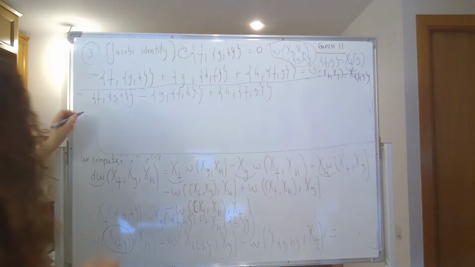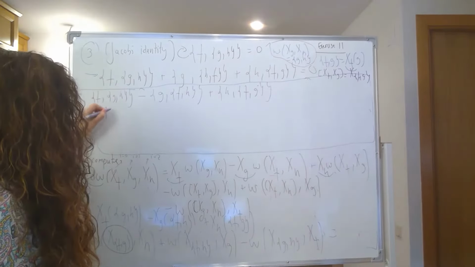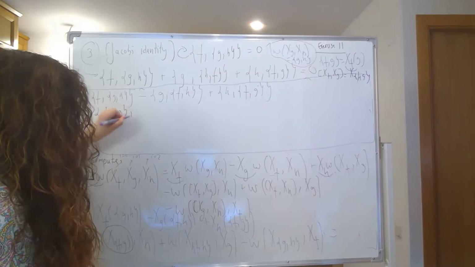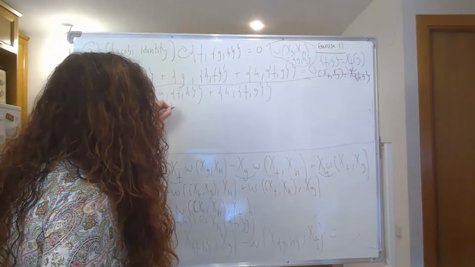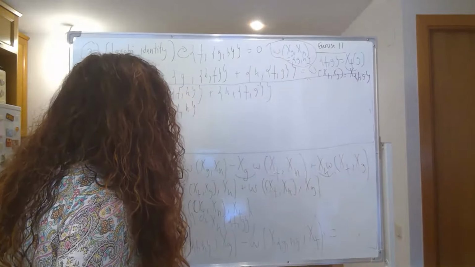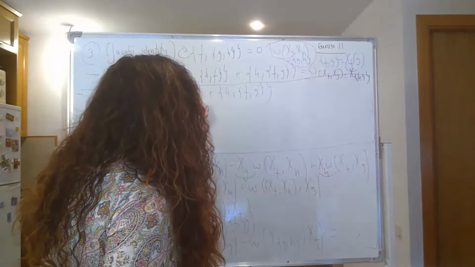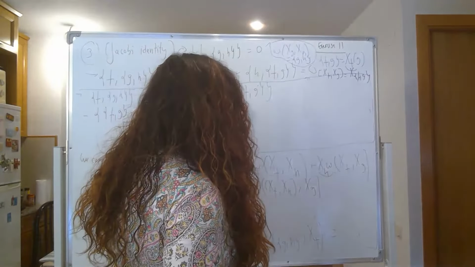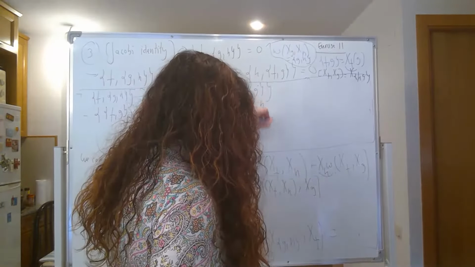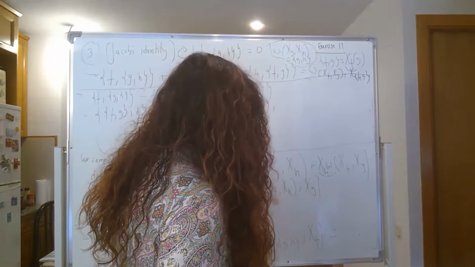So I just get the bracket of FG and H plus the bracket of FH and G. All right, and the last one is minus GH F.